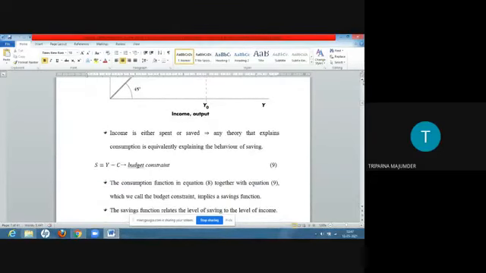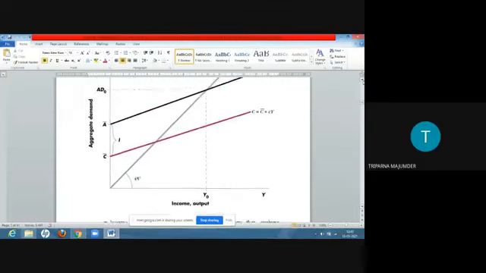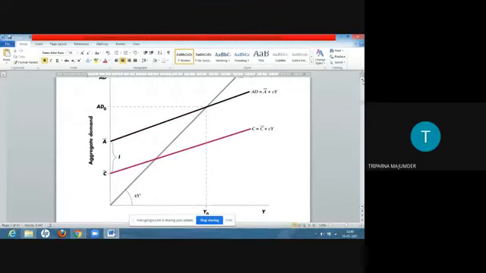Now, another thing that we have to note in this figure: since the 45-degree line has a slope of 1, this line is flatter than the 45-degree line. So from here we find that though the slope is positive, since C is greater than 0, what does C greater than 0 imply?